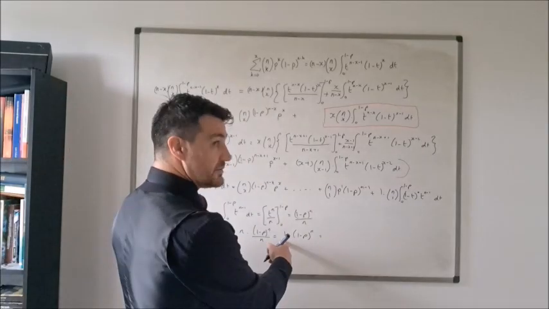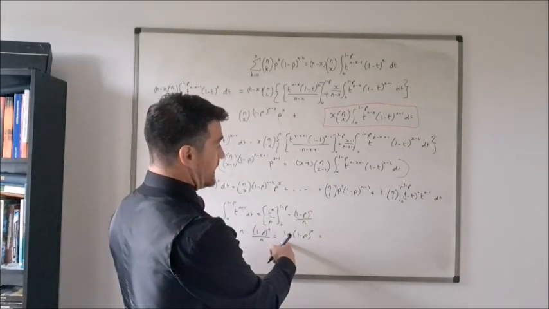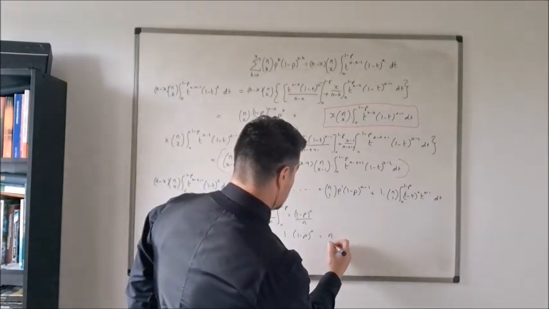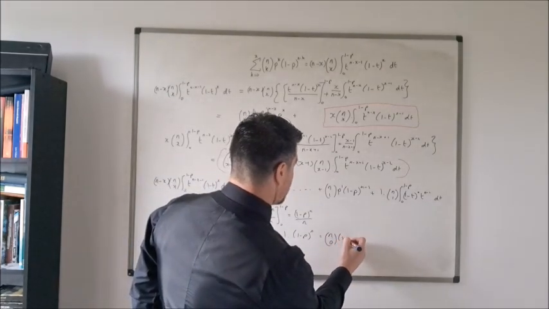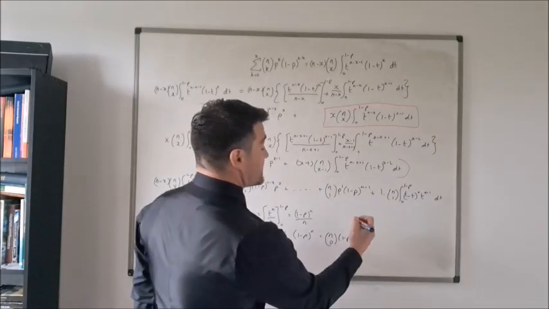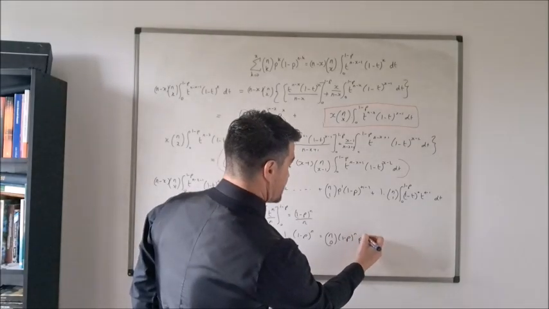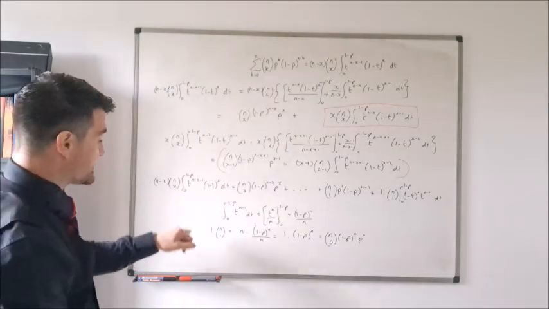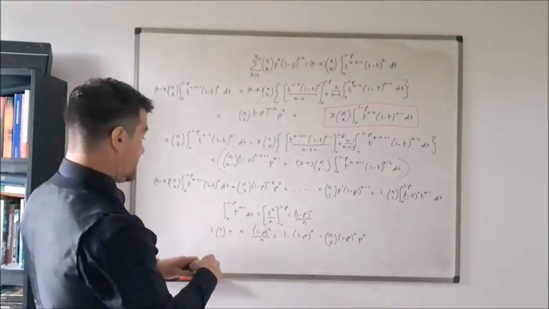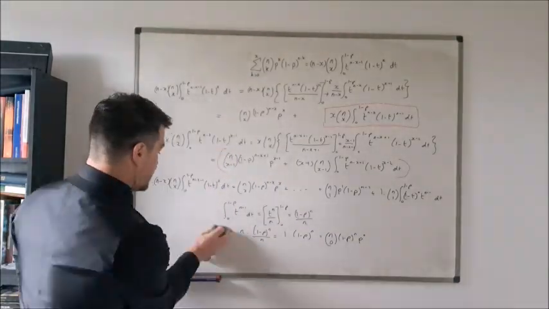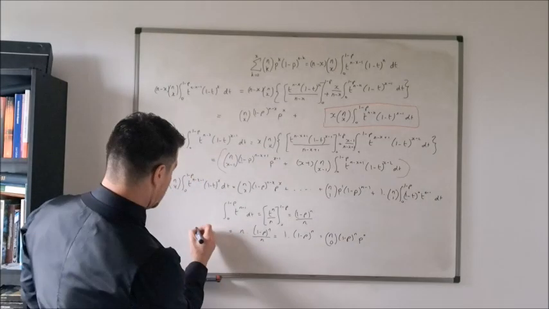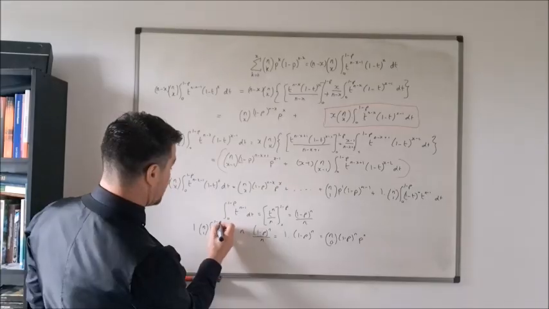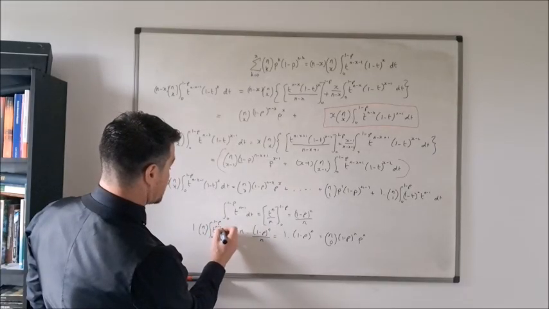So 1 is equal to n choose 0, 1 minus p to the power of n times p to the power of 0. In other words, I missed something off there, didn't I? It should have been 1 times 1 times n choose 1 integral from 0 to 1 minus p of t to the n minus 1 dt.